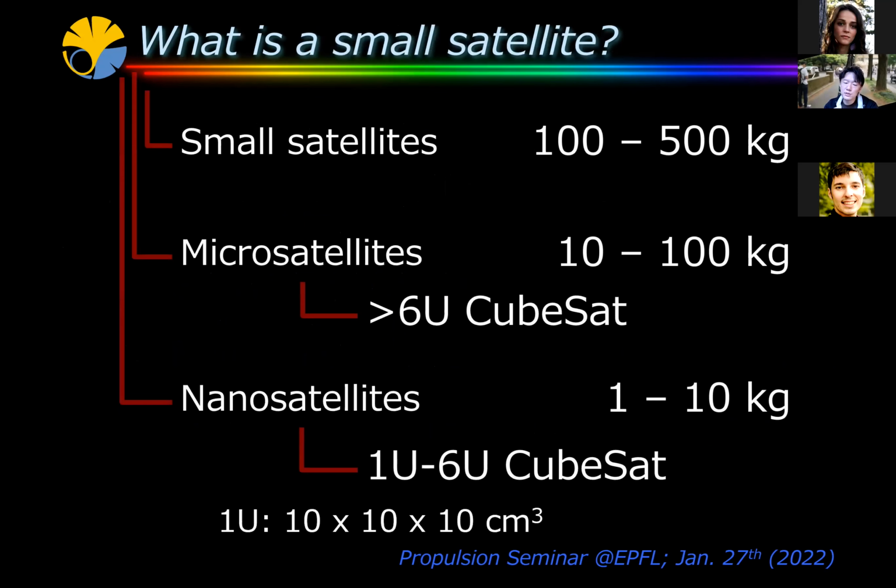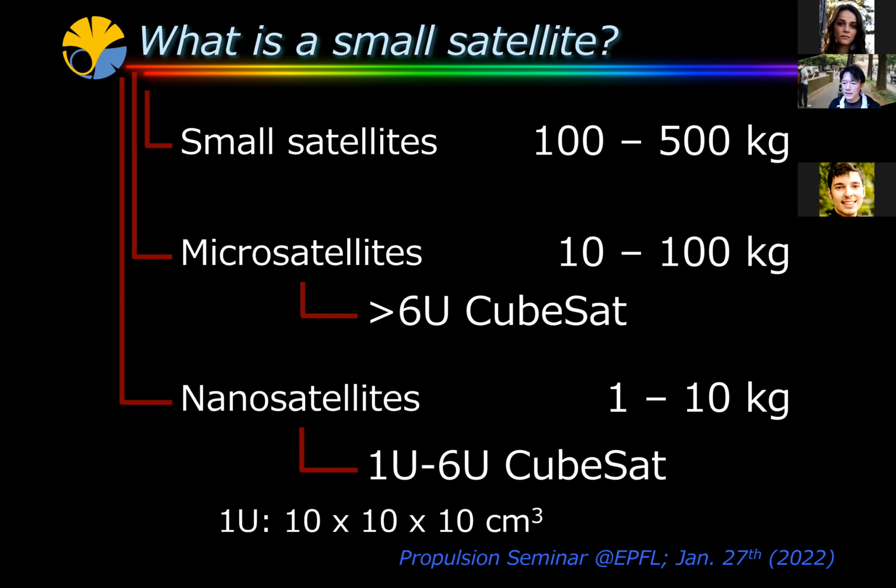This slide shows a categorization of small satellites. When you use small satellites, the range is quite wide. In a very wide meaning, a small satellite is a satellite less than 500 kilograms.